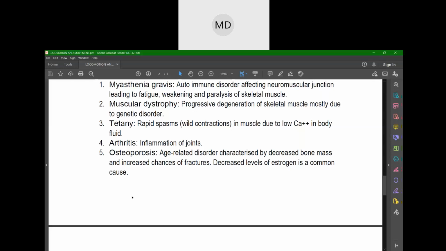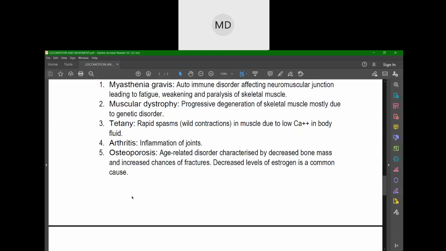So when estrogen level is low, it will result in a low calcium level, and therefore the mass of the bone will decrease.